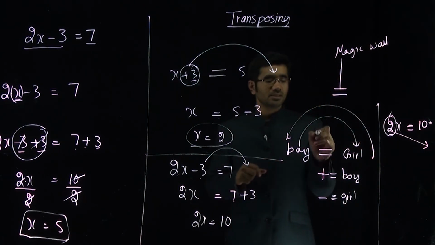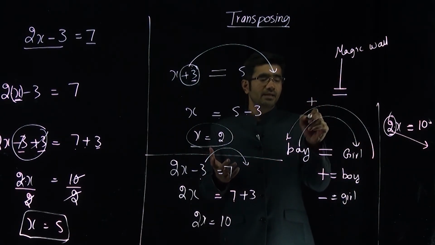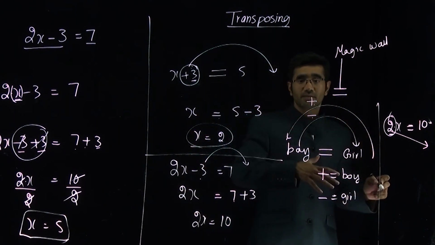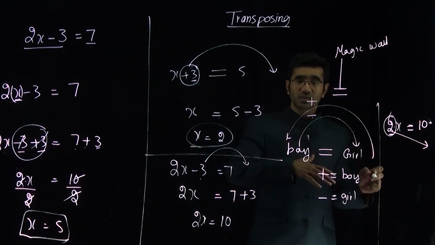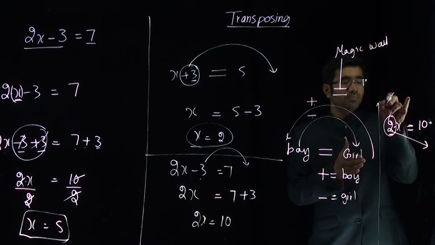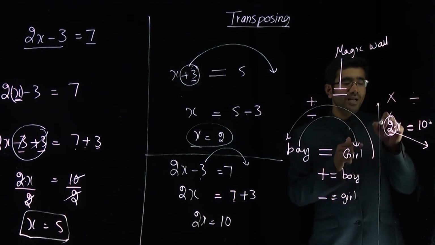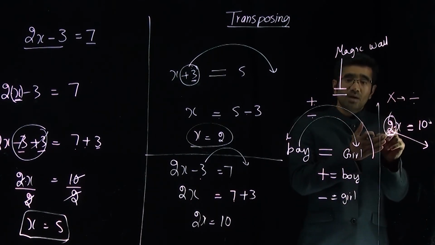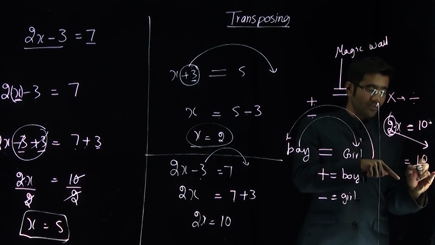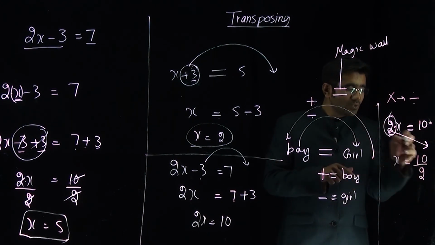So remember, this is the rule for plus and minus: plus is a boy, minus is a girl. If plus jumps to the other side, it becomes a minus. Minus jumps to the other side, becomes a plus. Now in this case, it's a multiplication and division rule. When 2 multiplied with x goes to the other side, it just goes as division right down there. That is 2. So basically, it goes down.